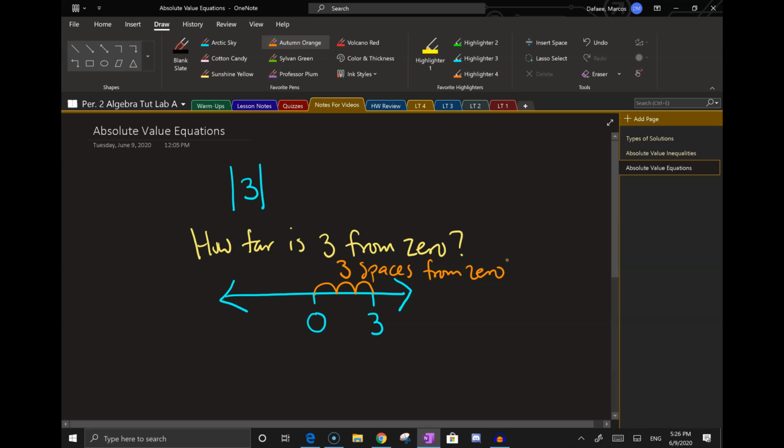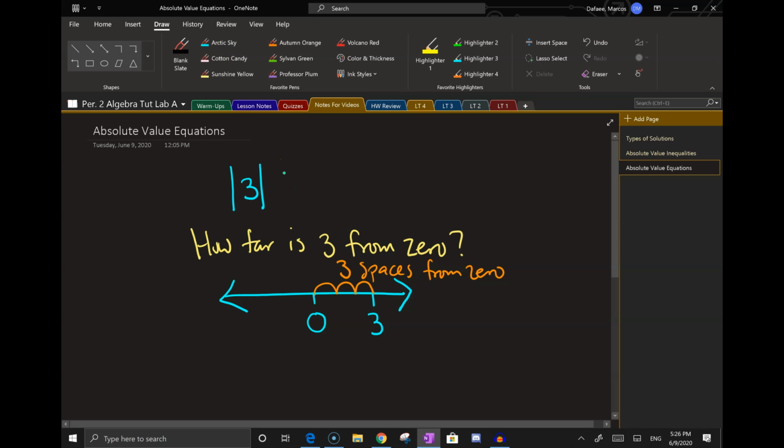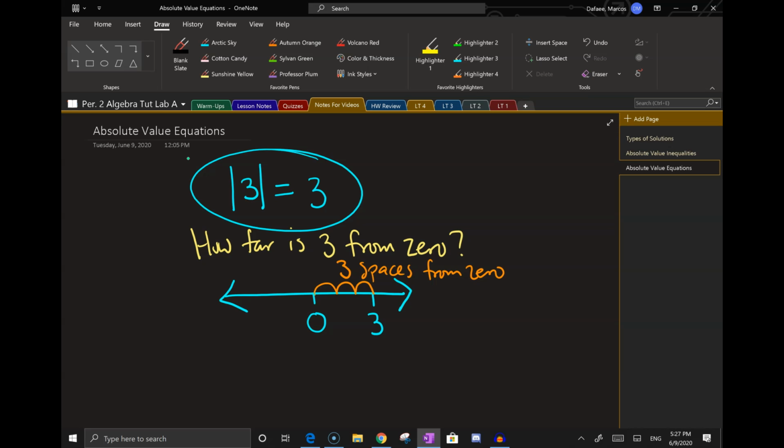So that actually becomes the answer. If the question is how far is 3 from 0, then that is 3 spaces from 0. Therefore, if you go back to the original question, which was expressed this way in just algebra, the absolute value of 3 is equal to 3.